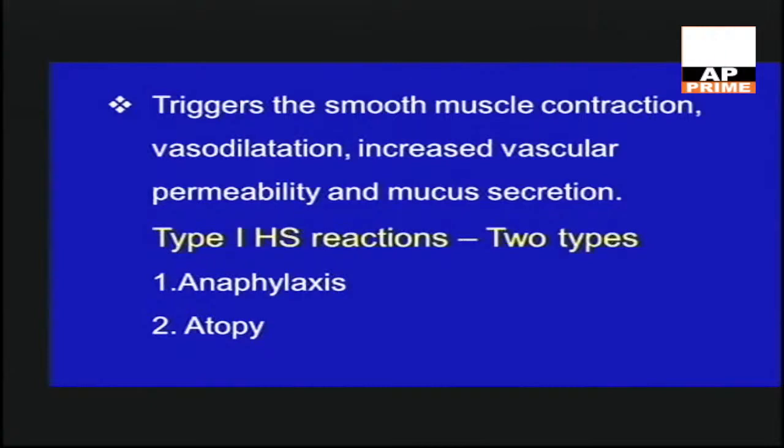And these mediators trigger a series of reactions like smooth muscle contraction, vasodilation, increased vascular permeability and mucus secretion. The type 1 hypersensitive reactions can be once again divided into 2 types. They are anaphylaxis and atopy.